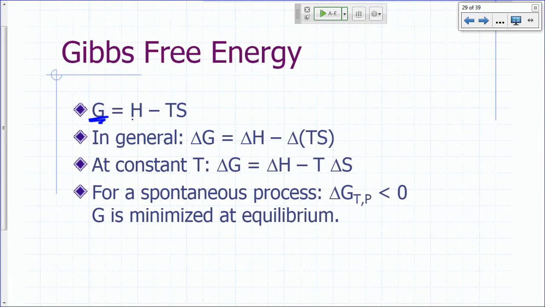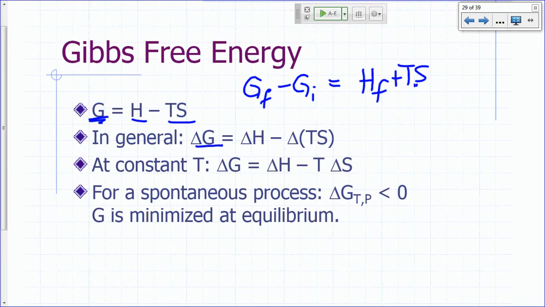Gibbs energy is defined as G equals H minus TS. And the reason we define it is that if you calculate delta G, the change in G, that would be G final minus G initial, right? So that's H final minus T S final, minus H initial minus T S initial.